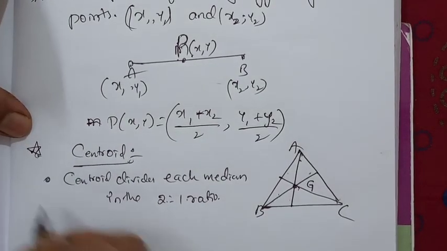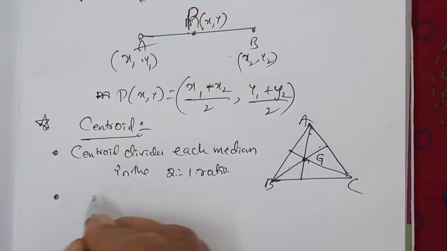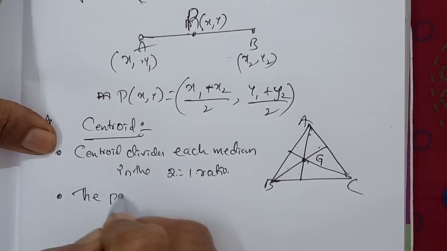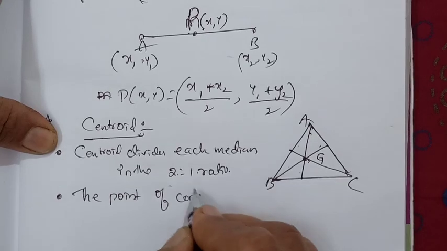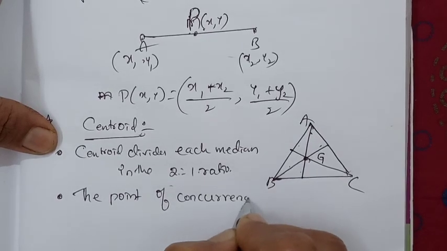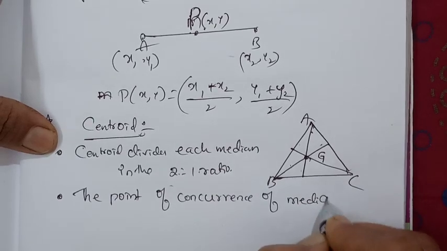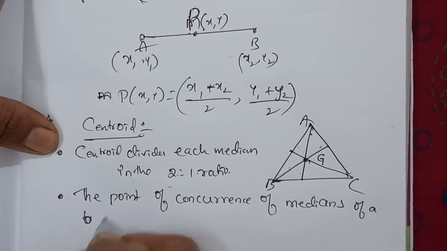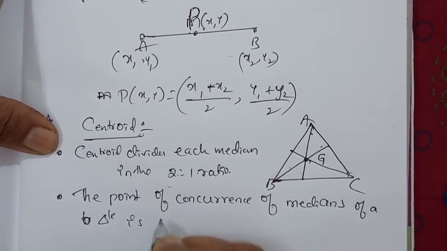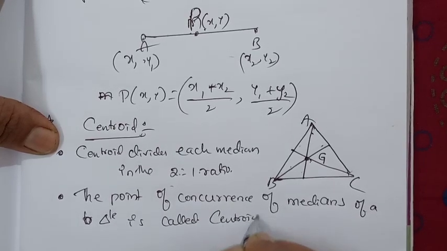Okay, children, so what is centroid? I'll define here. The point of concurrence of medians of a triangle is called centroid. Okay, centroid formula I will explain.